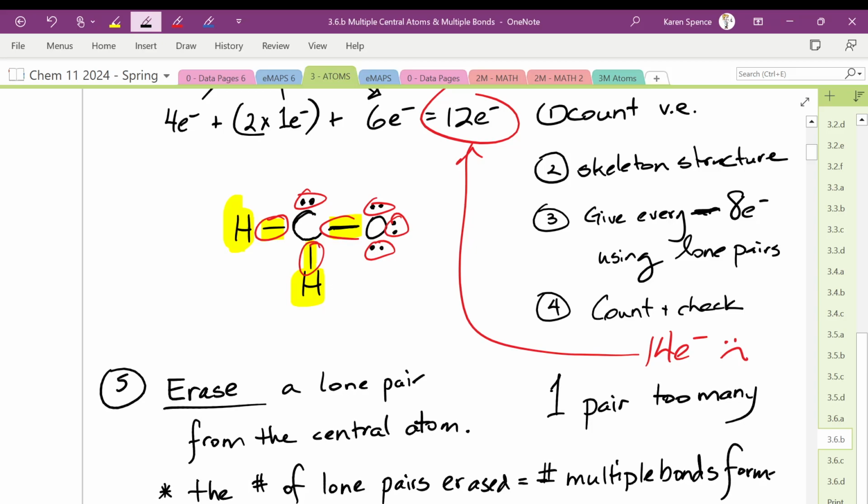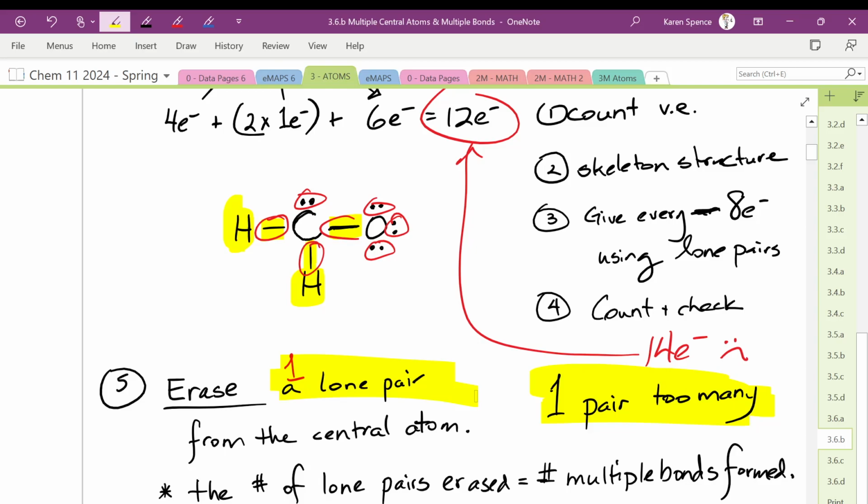So how many multiple bonds are we going to have? Well, we have 1 pair too many, yes? So we're going to erase 1 lone pair. So how many multiple bonds will we have? 1. Just 1. This is a nice way of doing accounting with our atoms so that we keep track and we end up with the right number of bonds at the end.